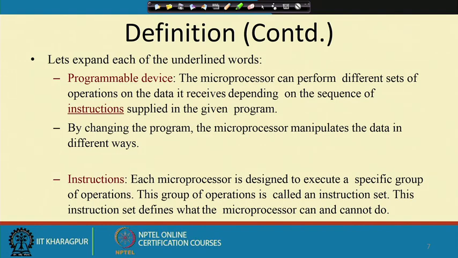At the beginning of every such cycle, the processor will try to get the next instruction from the memory, and if that instruction is not meaningful to the processor, then some exception situation will occur, and how that exception will be handled is defined by the designers of the microprocessors.